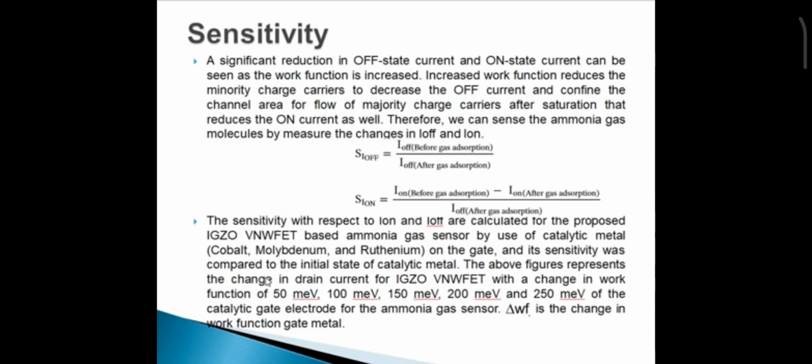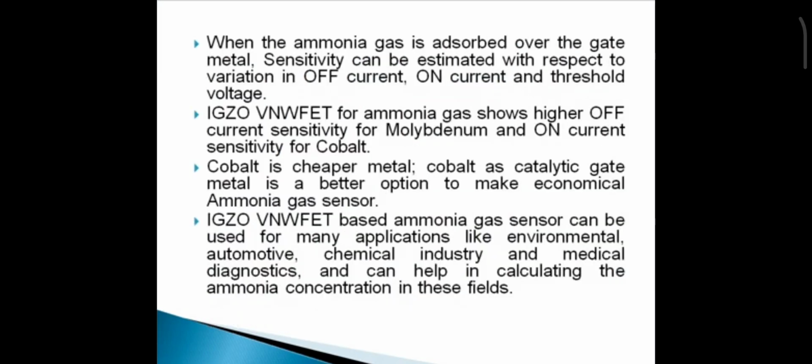Its sensitivity is the change in the drain current for the IGZO vertical nanowire field effect transistor with a change in the work function of 50 milli electron volt to 250 milli electron volt of the catalytic gate electrode for the ammonia gas sensor. Here, delta phi is the change in the work function of the gate metal. When the ammonia gas is adsorbed over the gate metal, sensitivity can be estimated with respect to variation in I off current, I on current, and the threshold voltage.